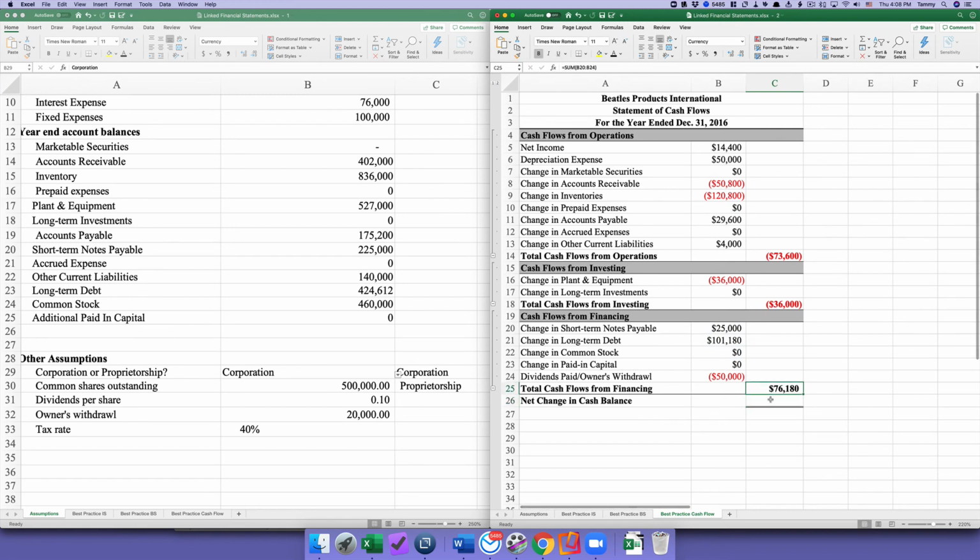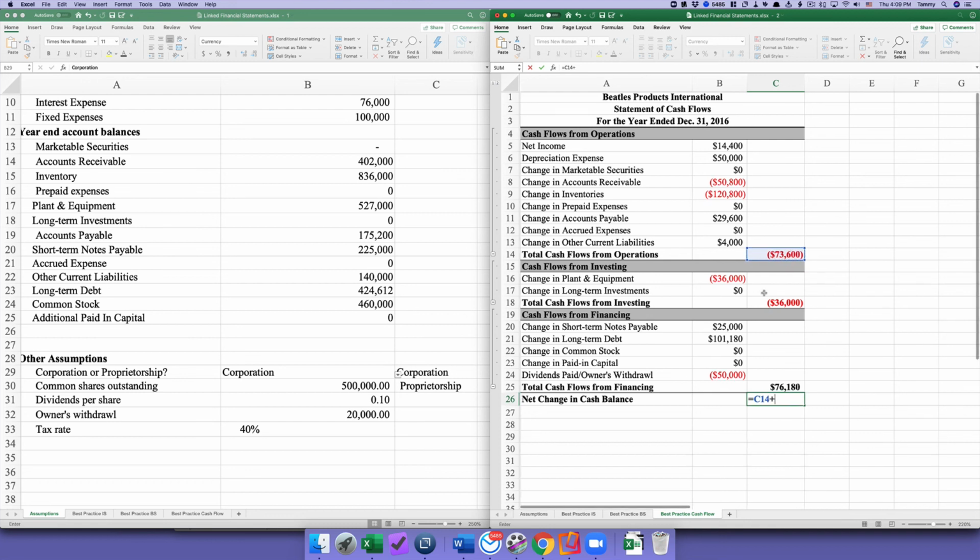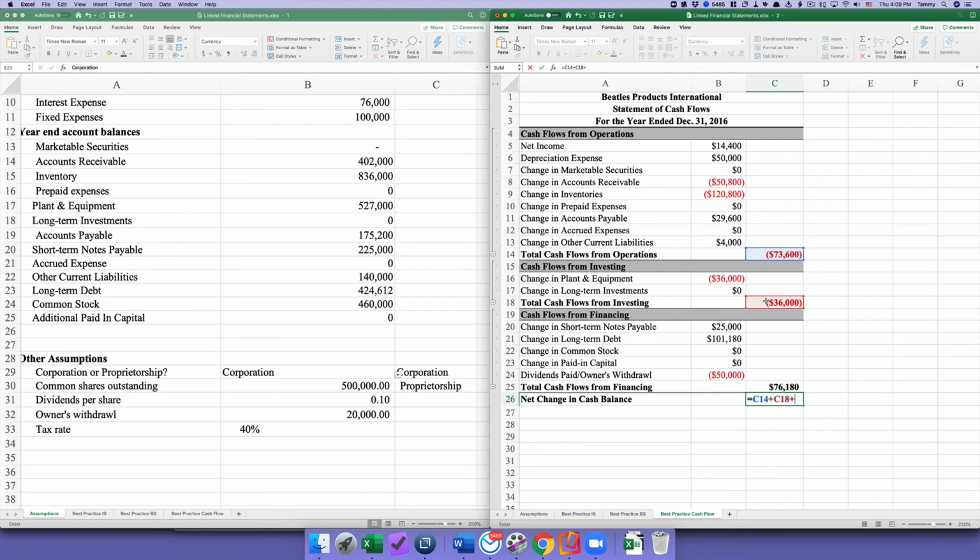So positive 76. So our net change in cash balance was a negative 73 and negative 36 and positive 76. So we had a negative cash flow of $33,000.